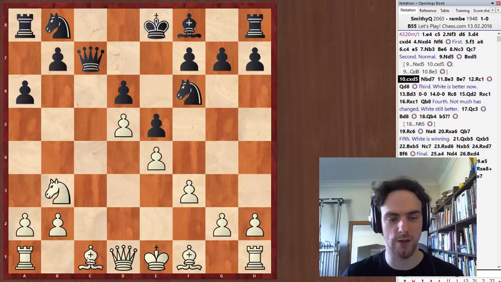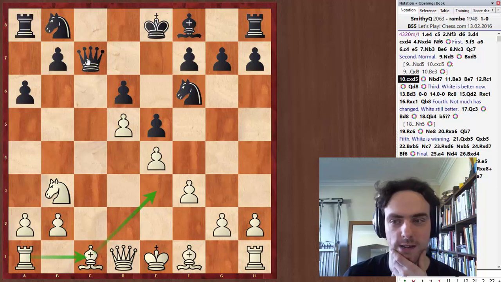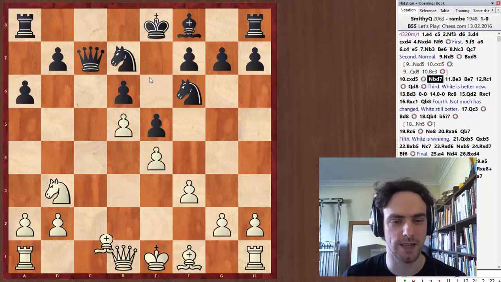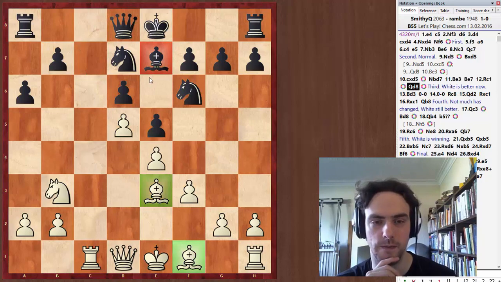We know what white wants to do. White wants to play bishop and rook. Is there any way that black can really stop that? Not really, eh? So knight d7, bishop e3, queen to d8. Now we're in that bad position.